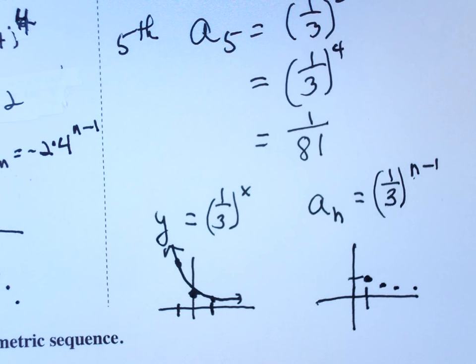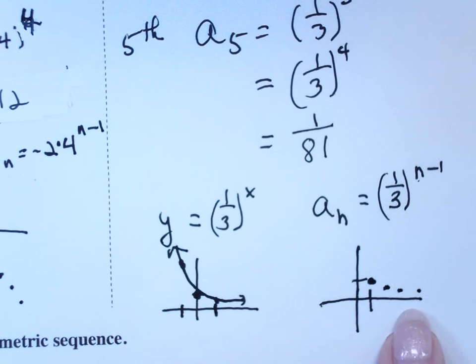It kind of follows this right here. So as x gets bigger, y gets smaller. So if r is between 0 and 1, y is going to decrease. And if r is 1 or bigger, y is going to increase, either positive or negative, depending upon the sign.